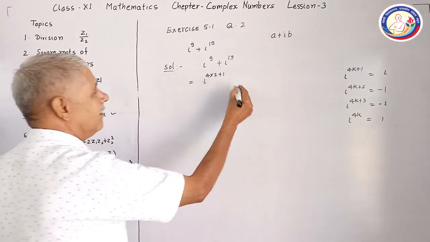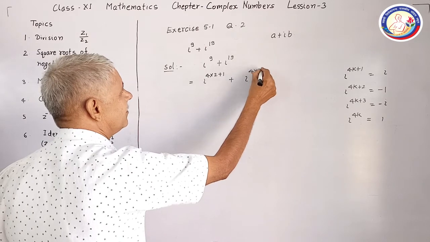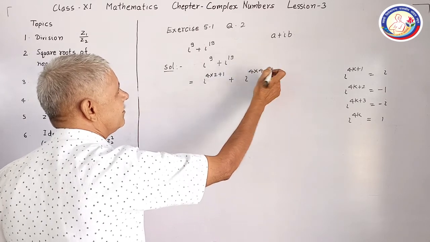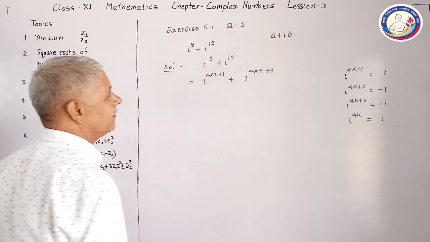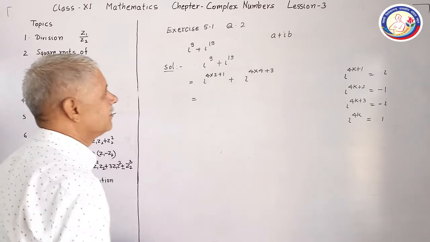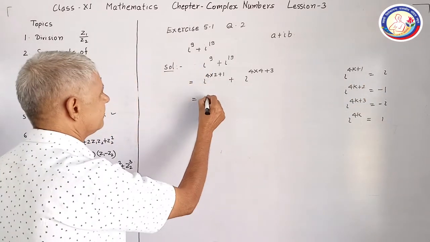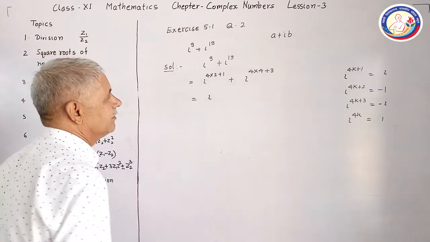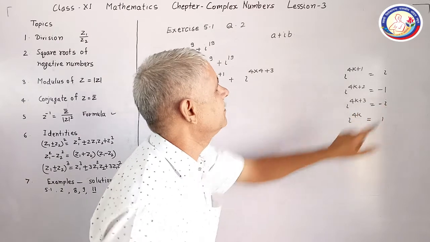And for 19, this is 4 into 4, that is 16, and we have the remainder 3 here, 16 plus 3, that is 19. So what is the value of this? Plus 1, look here, it is iota. And this is plus 3, this will be minus iota.